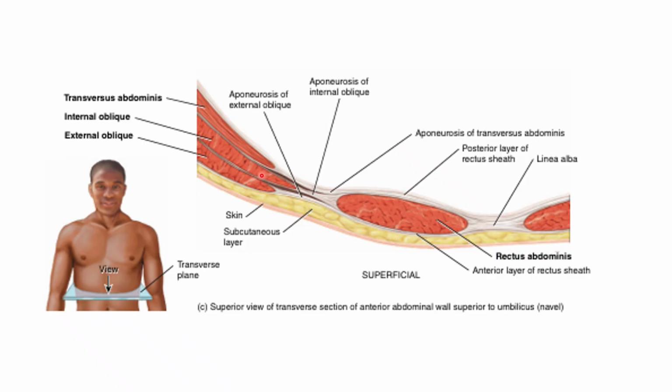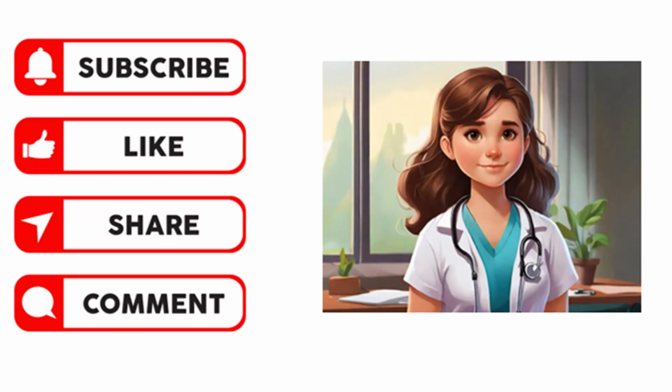And this particular part is the linea alba, the line, because it separates the rectus abdominis into bellies. You can see 1, 2, 3, they are all the bellies. Posterior layer, anterior layer, rectus, linea alba. So we covered everything.